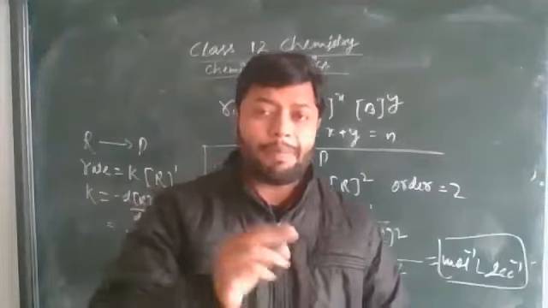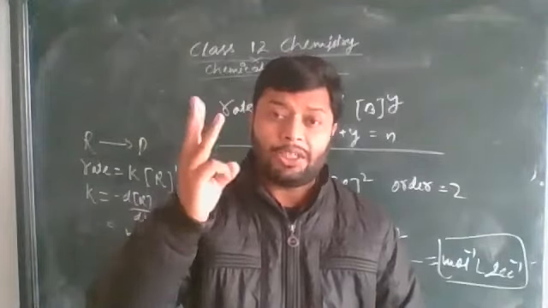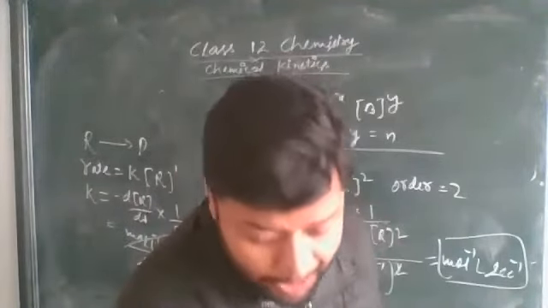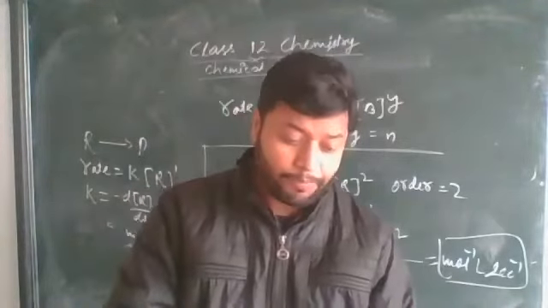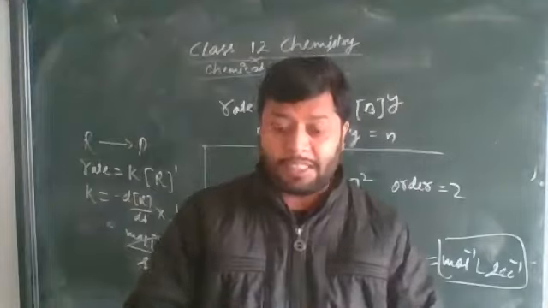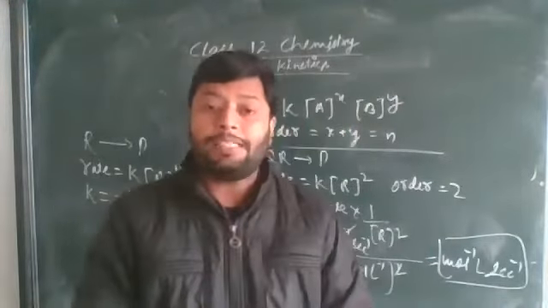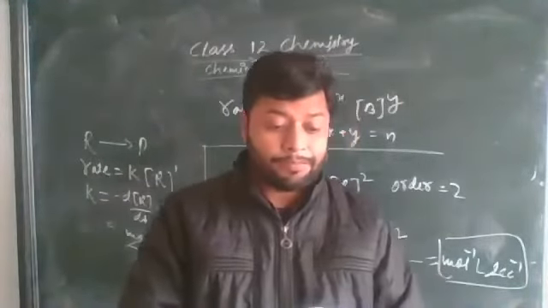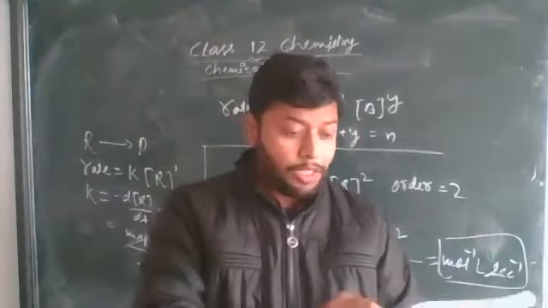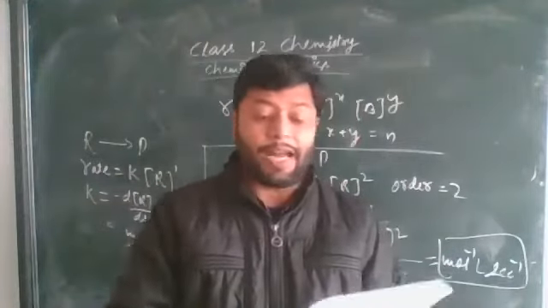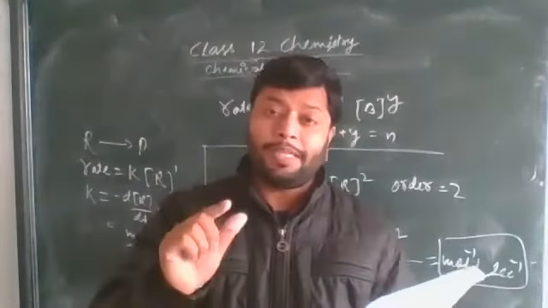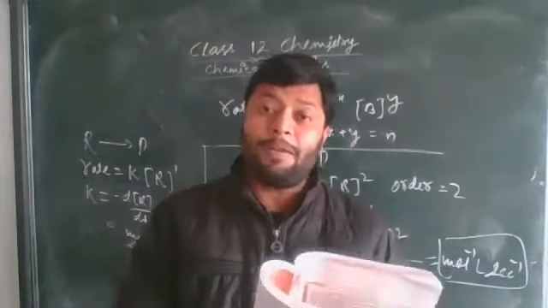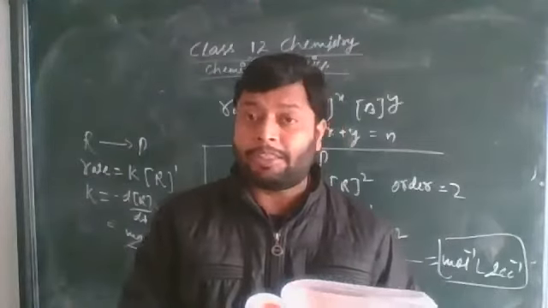So most reactions have molecularity 1, 2 or 3 depending upon the number of particles or species colliding simultaneously. You can see examples in NCERT. In the decomposition of ammonium nitrite, the molecularity is 1 because only one particle is involved in the rate determining step.